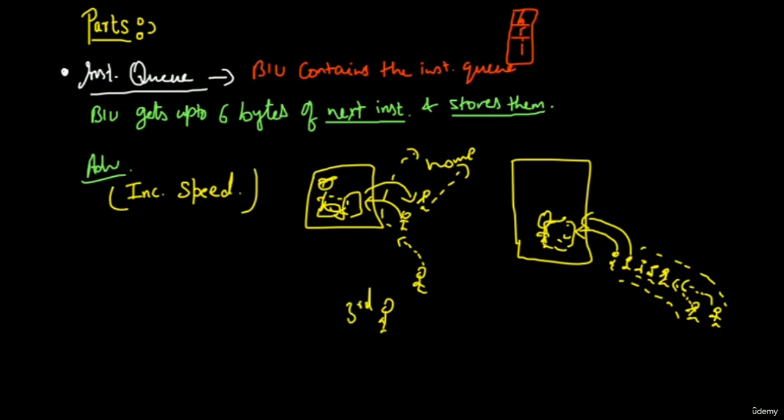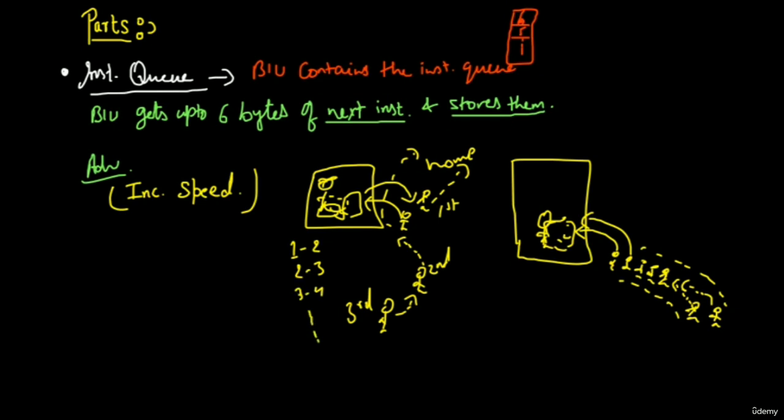So what actually happens in this case? Actually the speed is decreasing because the doctor is free in between 1 to 2, 2 to 3, 3 to 4, and so on. So in between the cycles, the instruction cycle time is getting wasted.